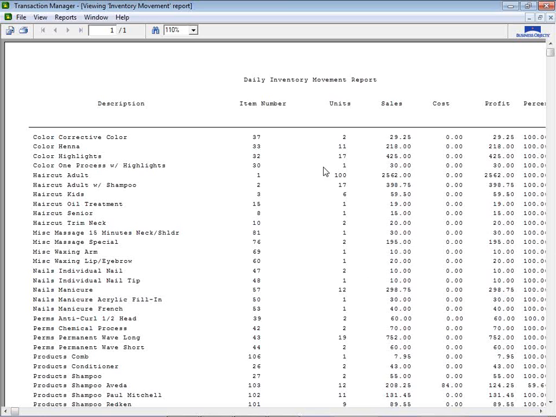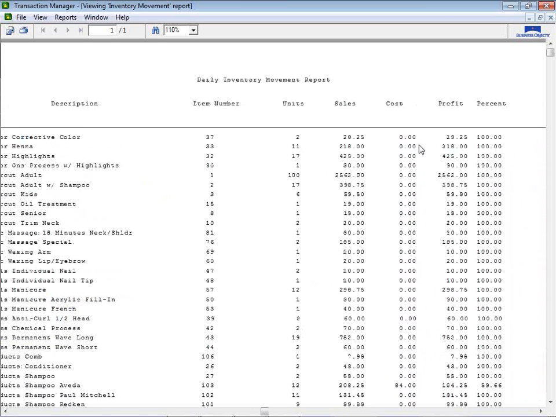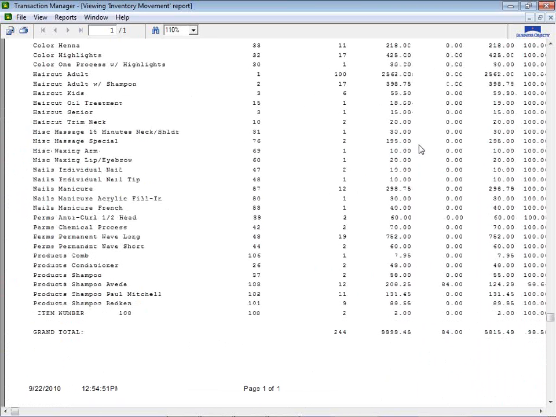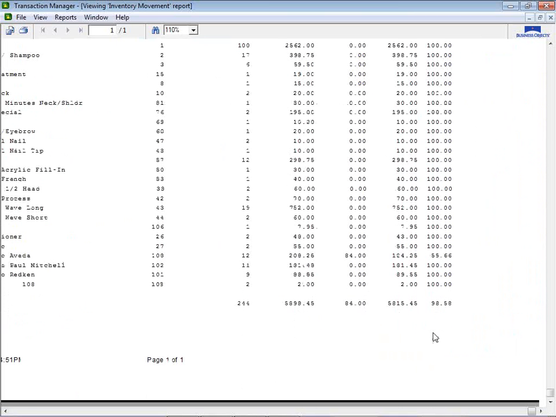So we sold 2 color corrective highlights. Total was $29.95. We even show you the profit and the margin associated with that. So this is all that we've done during the day. Grand total of 58 something, cost of goods of 84, so the profit is 58.15, and boy, this salon is doing pretty nice on its margins at 98.5%.